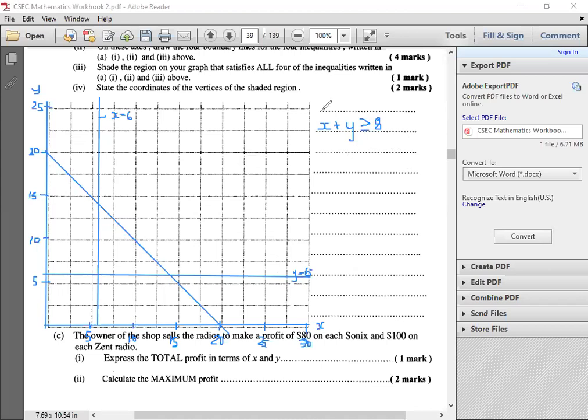Anytime you get an inequality looking like this to graph, it is this number that is out here on the x to this number that is out there on the y.